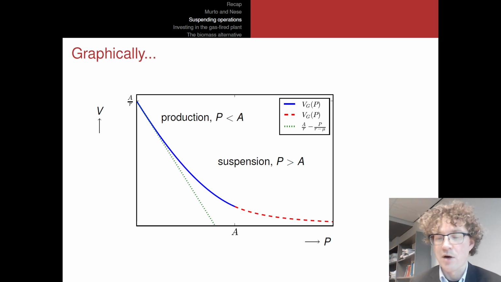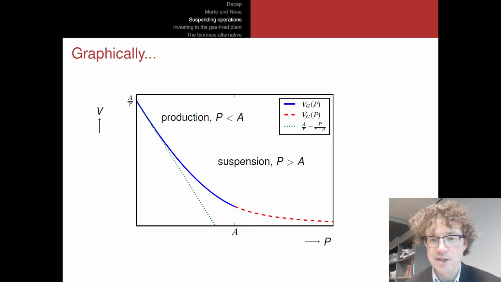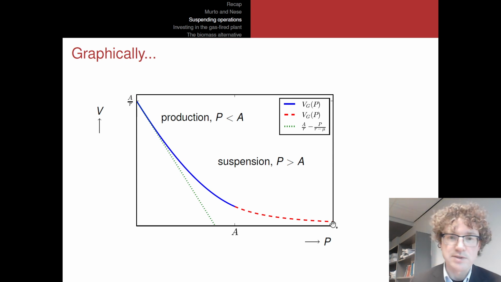So then the option value should go to 0, as you can see here. It does. And of course, this green dotted line here is the classical value of this plant that we will never switch off. And it actually goes negative here.